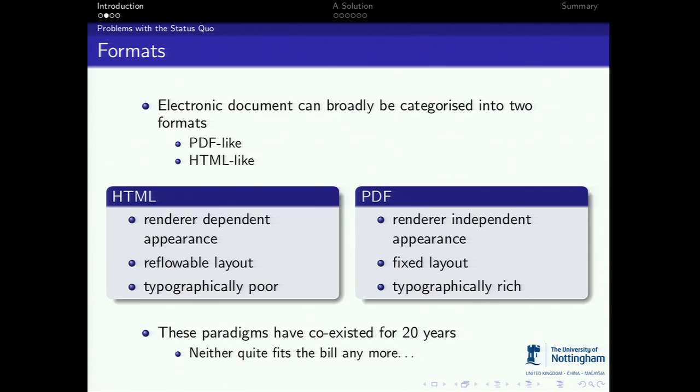So these two document paradigms have existed for the last 20 years or so. And as John Warnock was saying yesterday, it's time for a new format or something's got to change because HTML doesn't work very well. It doesn't look nice. PDF, although it looks nice, you're stuck with one fixed size document.